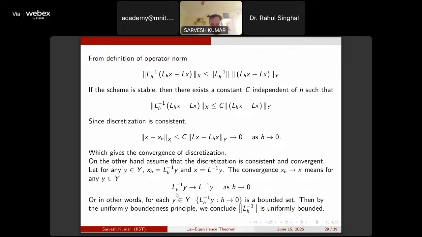The convergent sequence is bounded, and now I can apply the uniform boundedness principle. So we conclude that this LH inverse is also uniformly bounded, and that is actually the precise definition of the stability. If LH inverse is bounded, it's the stability. So if you have convergence, it will give you the stability, by the uniform boundedness principle.